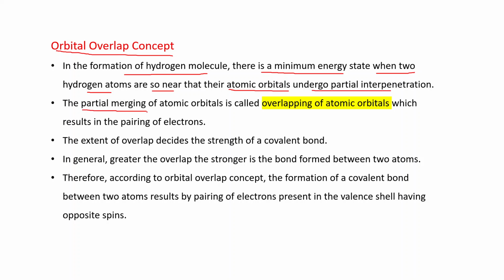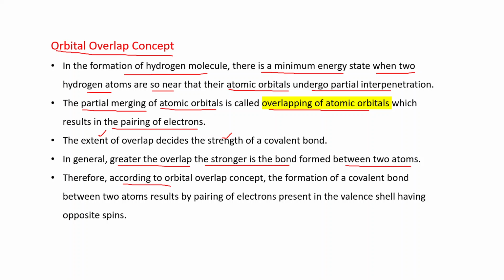The partial merging of atomic orbitals is called overlapping of atomic orbitals, which results in the pairing of electrons. The extent of overlap decides the strength of a covalent bond. In general, the greater the overlap, the stronger the bond formed between two atoms.